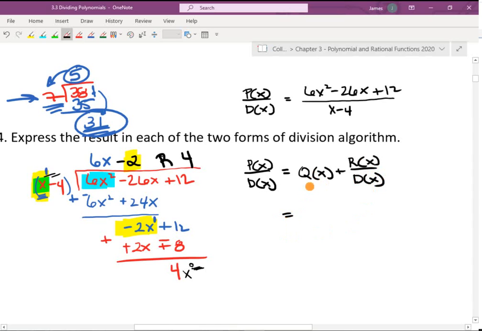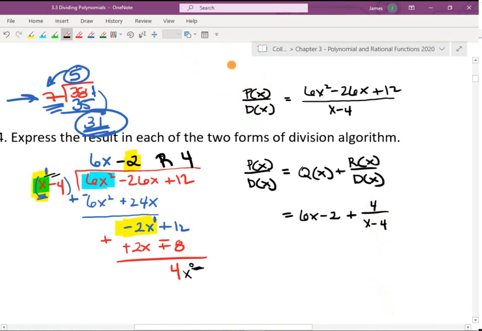So the quotient in this case is 6x minus 2, plus the remainder divided by the divisor. So that is one way of writing P of x divided by D of x.